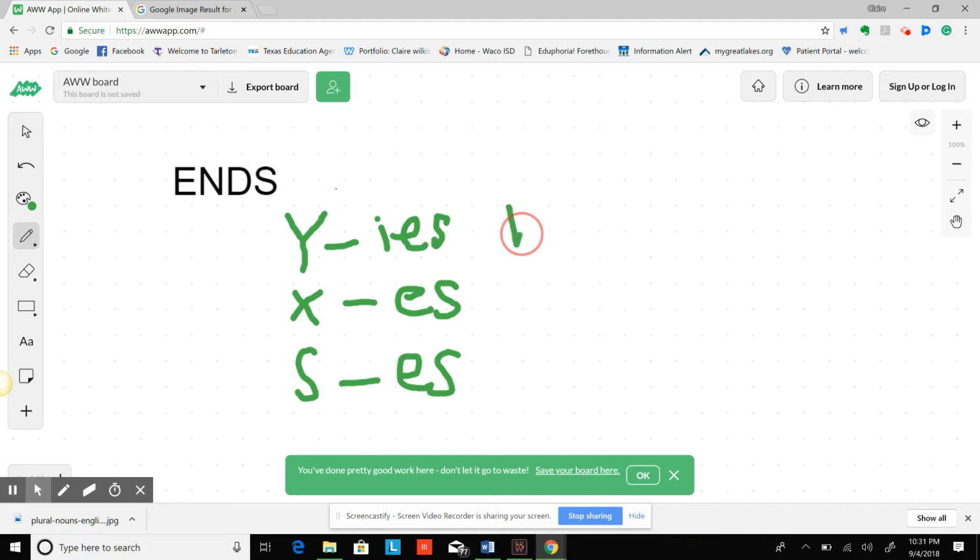If we had the word baby and we just add an S, that's not going to work. We need to drop the Y and then add our IES. So we're going to drop our Y so it goes away and add our IES. That is with any noun that ends with a Y. Even with the word ruby. This is how you would spell ruby.